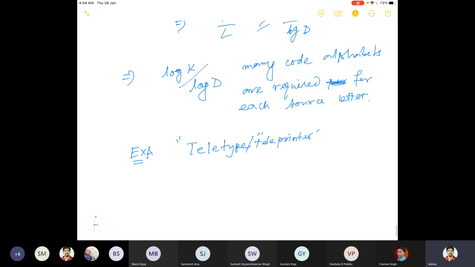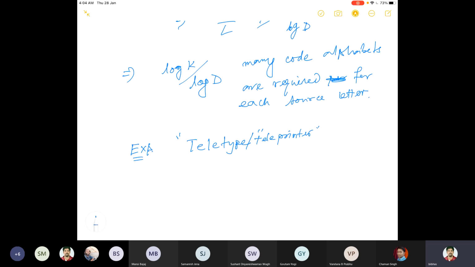Now the question is, what will happen if we use fewer than this many alphabets per source letter? What would happen?